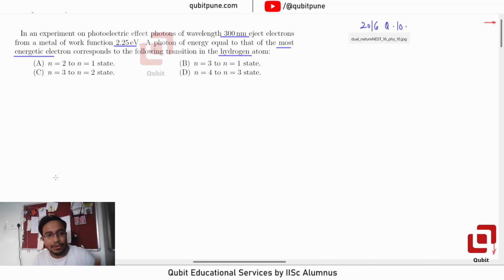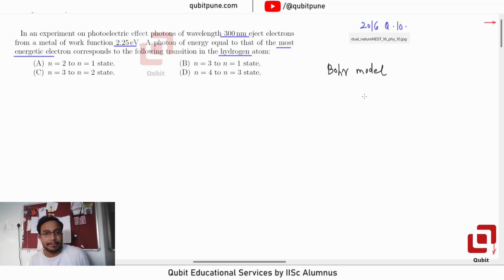Again, this is a mixed concept MCQ because it borrows concepts from the Bohr model of hydrogen atom, right? And of course, dual nature of radiation and matter, because the photoelectric effect is there, which is the particle nature of radiation.